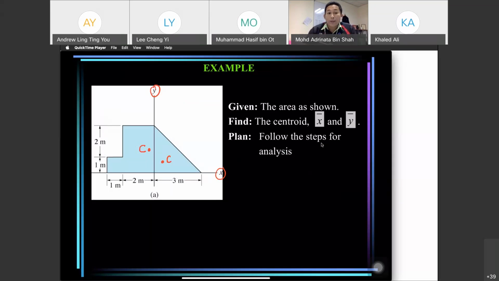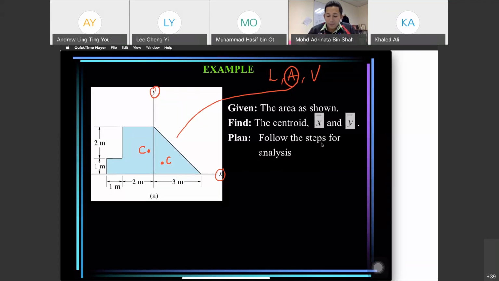So we need to find our centroid for the composite shape. For this shape, we have length, area, and volume. For this type of question, we are using area, because we can calculate the area.